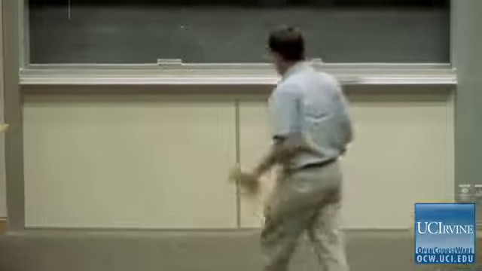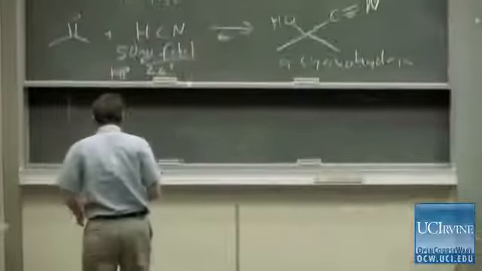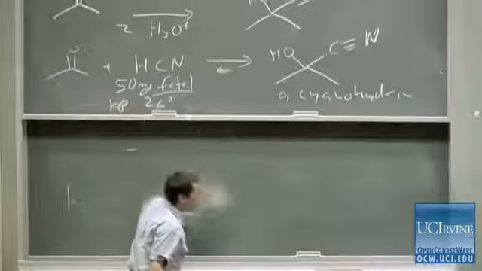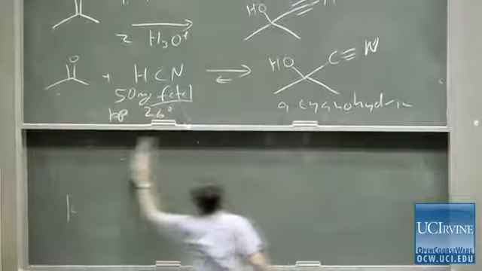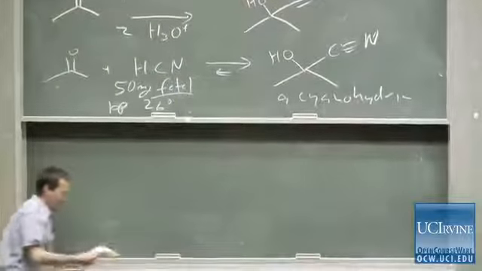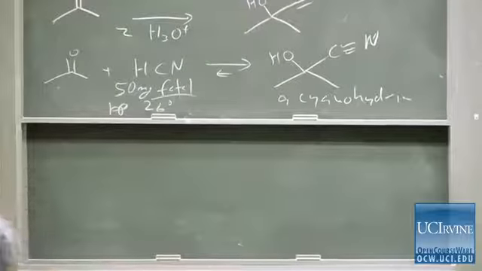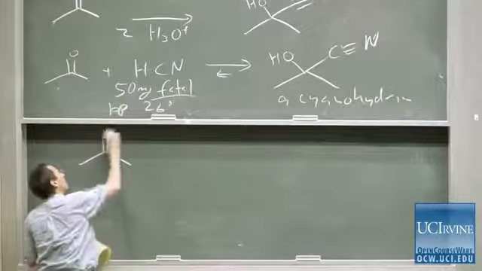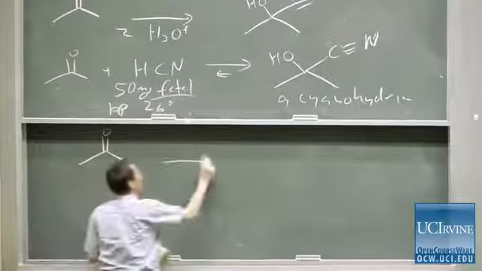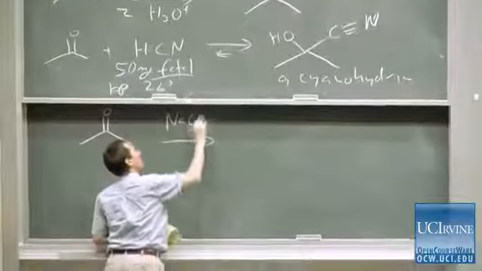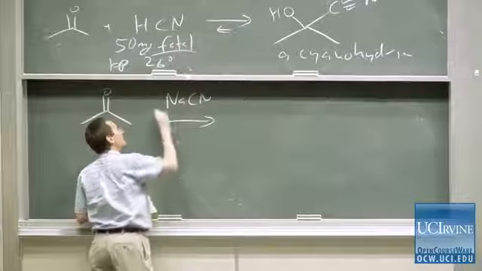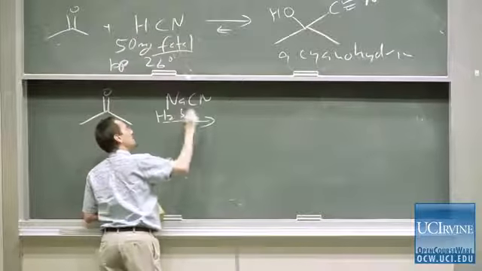So only slightly safer is to not work with hydrogen cyanide as a gas, but to work with a solid cyanide source, an acid. If we take sodium cyanide and sulfuric acid, you generate hydrogen cyanide in situ.